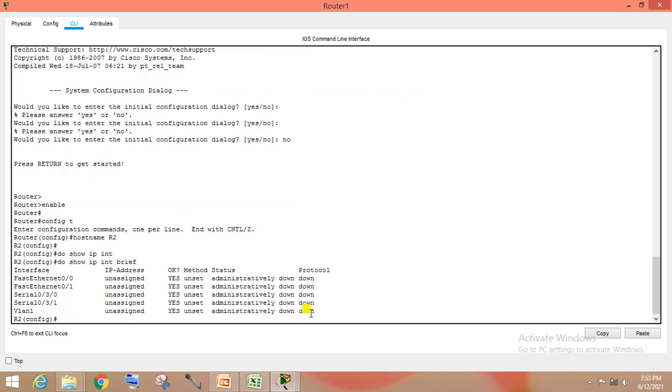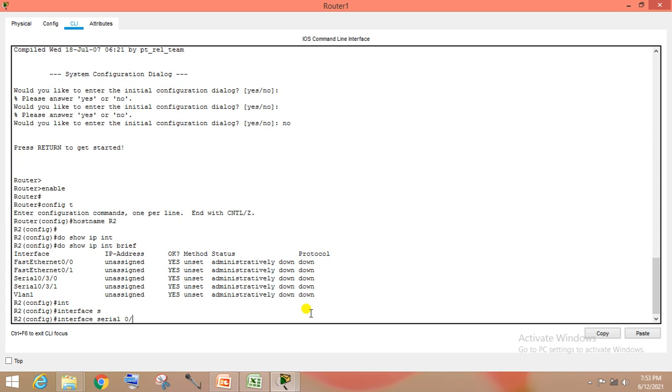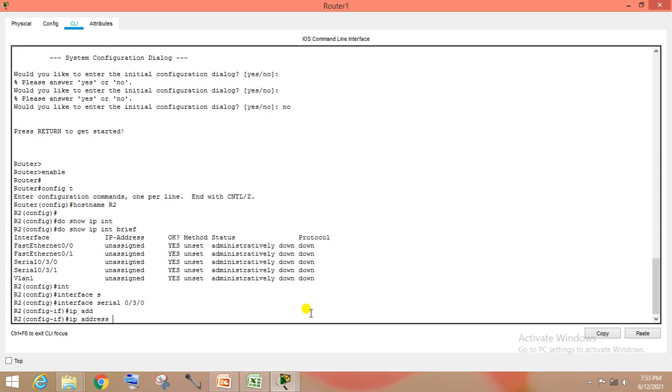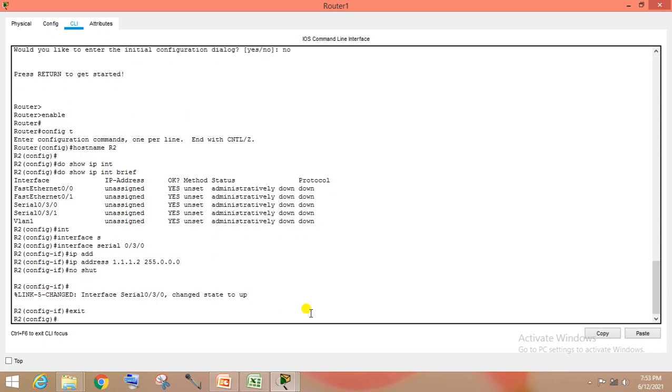Okay, these interfaces. First go to the LAN interface. Now go to the LAN interface.